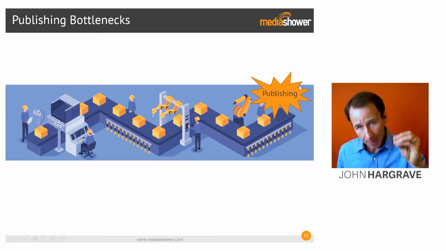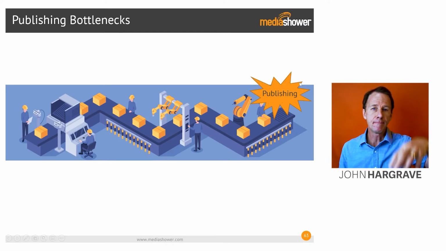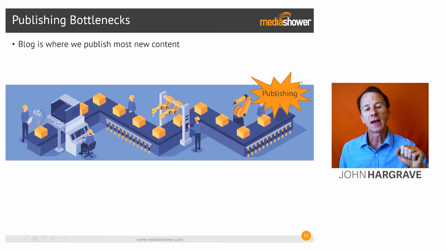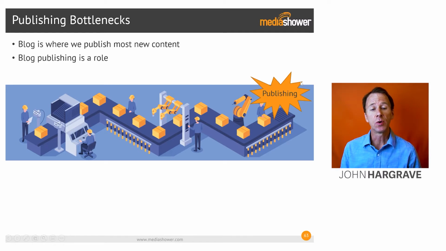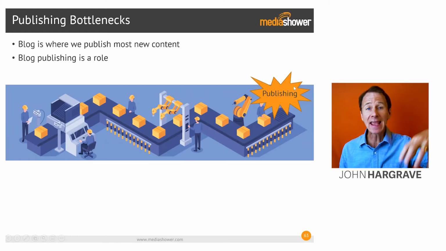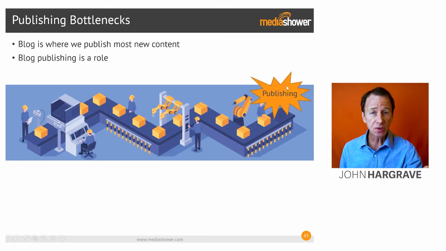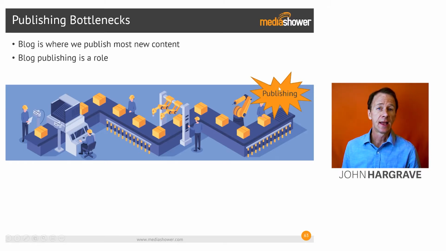Now, publishing is where most of the first problems that we see lie. And typically this is on a blog. That's where we're publishing most of our new content. Now, the blog publisher is a role. It's a person. And it needs to be a dedicated person that's responsible for taking the finished content and posting it on the blog and doing what we'll call the wrapper.